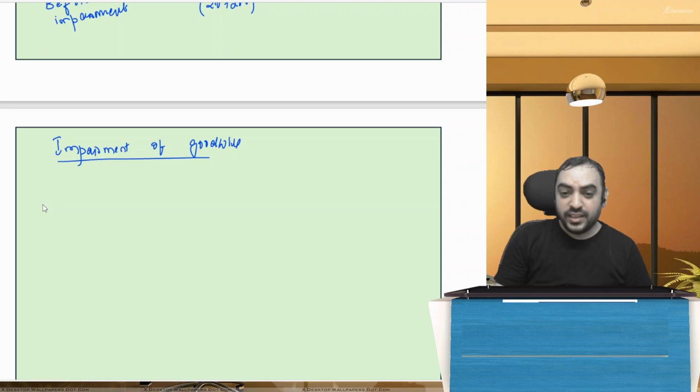So the format goes like this. Impairment is the difference between the carrying amount minus the recoverable amount. That you know, right?